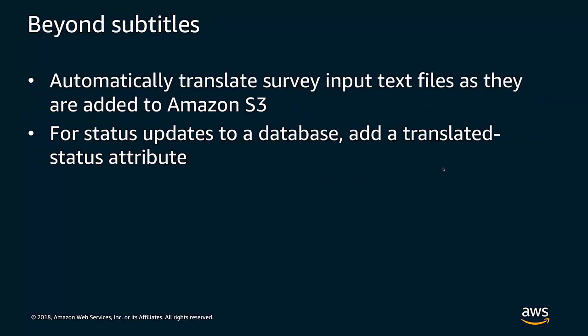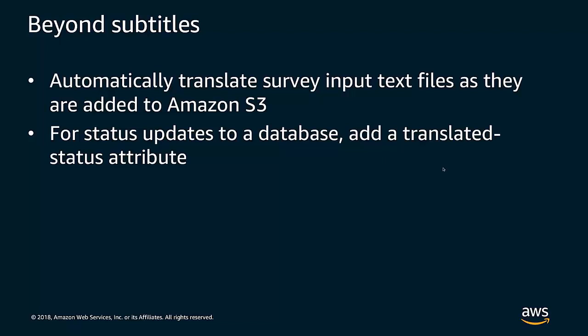So beyond subtitles, what are some of the things that you can do? Think about survey input files. Imagine that text input was being placed on Amazon S3 as people provided their feedback. Or imagine that input was made available in a database where you were collecting data from a web form.